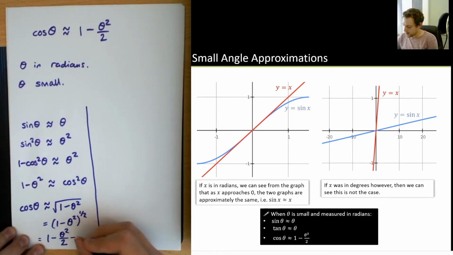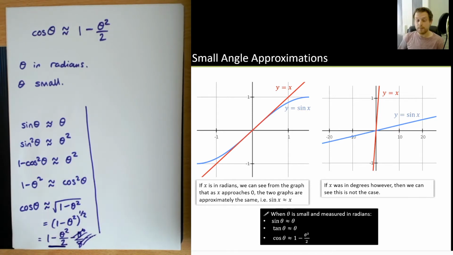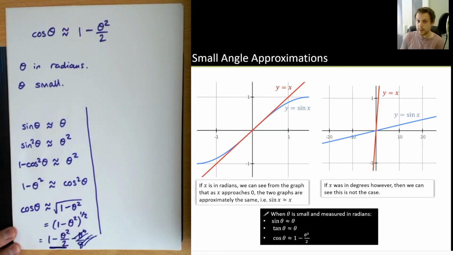And then minus theta to the 4 over 8 minus dot dot dot. So it goes on forever. And then the point is that if theta is really, really small, then certainly theta to the power of 4 is going to be really small, and you can pretty much ignore it. And so it's an approximation, and there's your answer. So that's that. So that's with a binomial expansion with power of a half, which is something you will learn about at A level in year 13. So I'm a bit much maybe now, but you will learn about this.